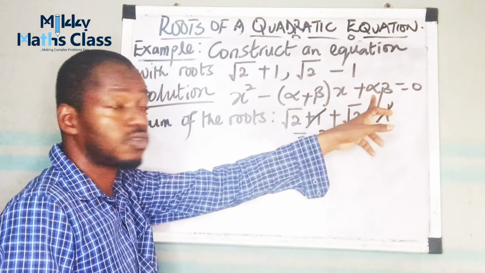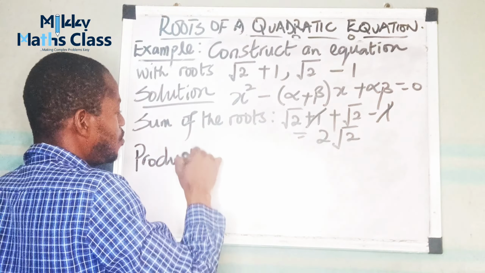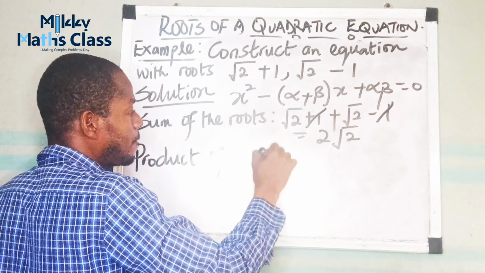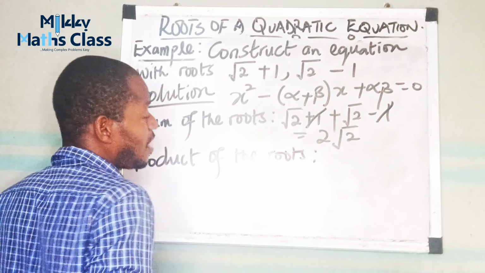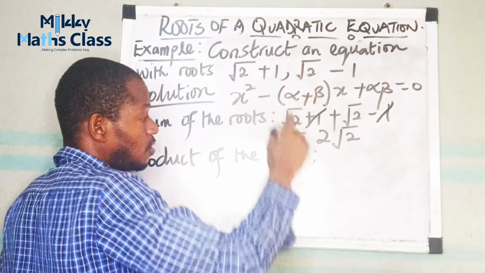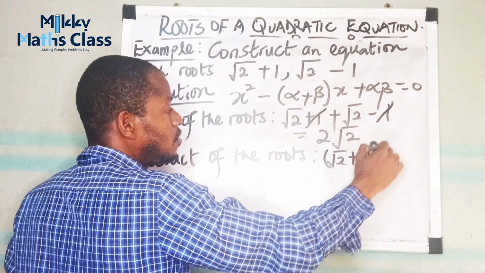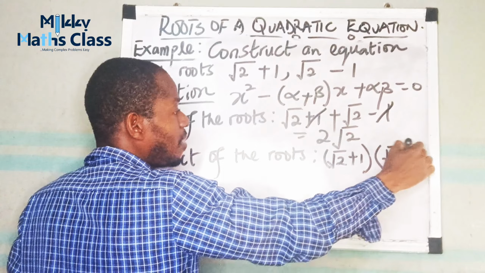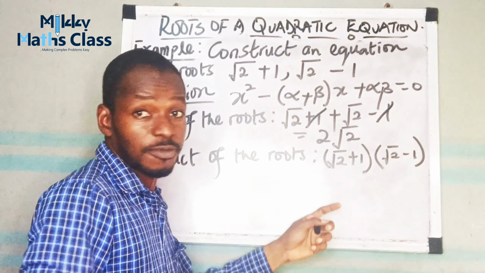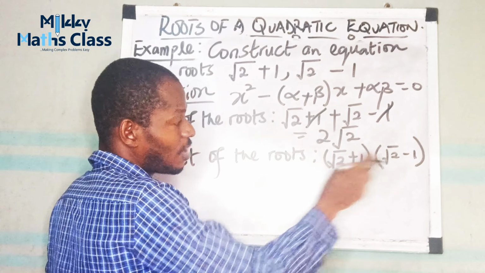Now we keep the answer. Let's find the product of the roots. That's our alpha beta. The product, multiply these two things. That means our root 2 plus 1 times root 2 minus 1. Let's expand it. Root 2 times root 2, that's root 4.